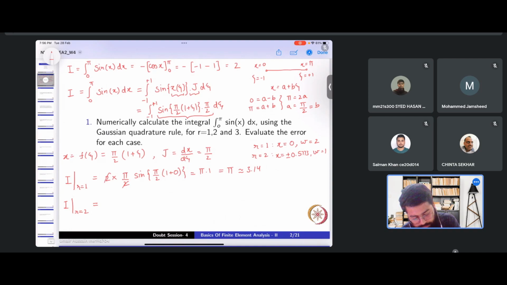Okay, so we have 1 times the value of the function at 0.5773, plus weight 1 multiplied by the value of the function at minus 0.5773.